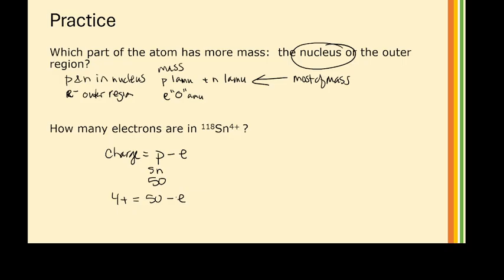Or I could say this means it lost 4 electrons to get +4. So if I started with 50 minus 4, I would get 46. Or I could just figure this out from 50 minus 46 equals 4. Either way, I get that there are 46 electrons.